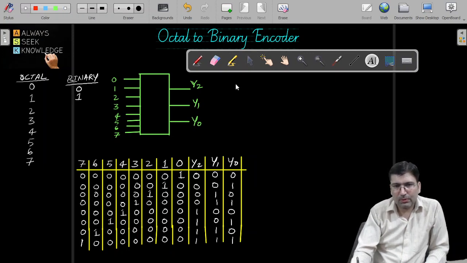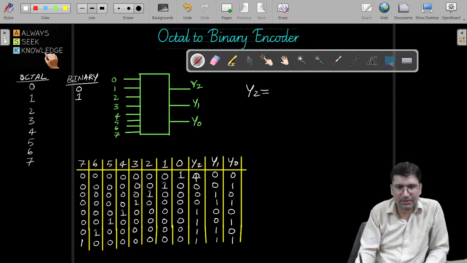So when we write y2, how will we represent it? For y2, you are getting high at all these 4 places.